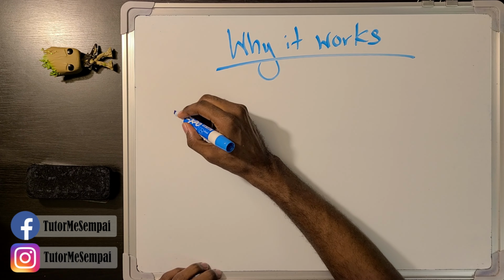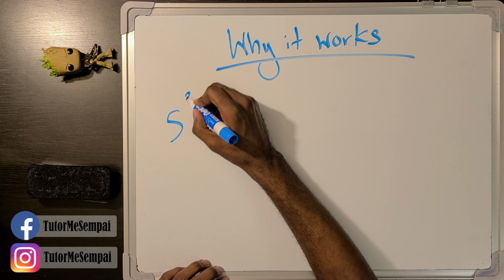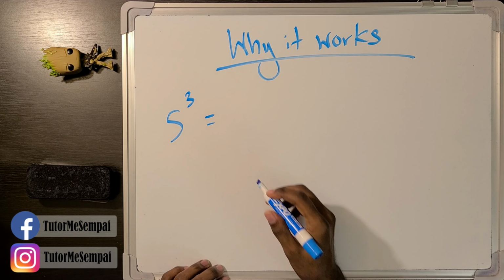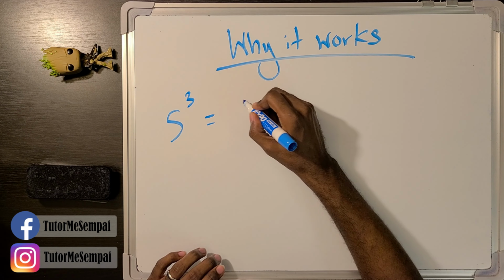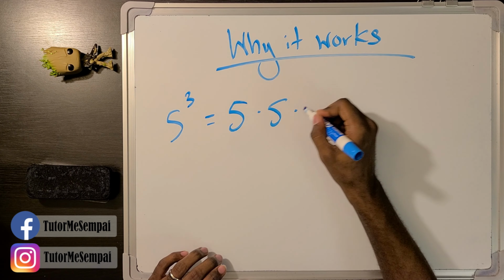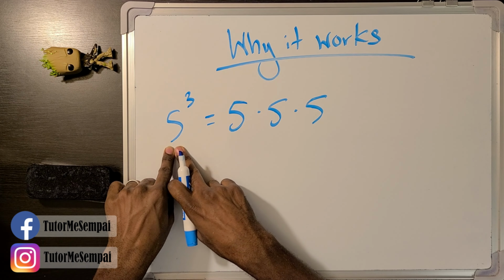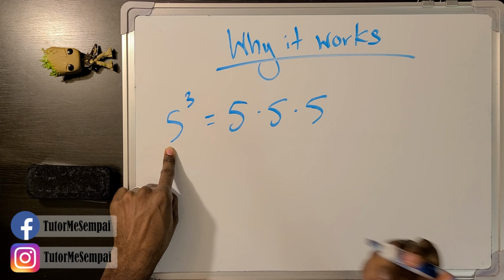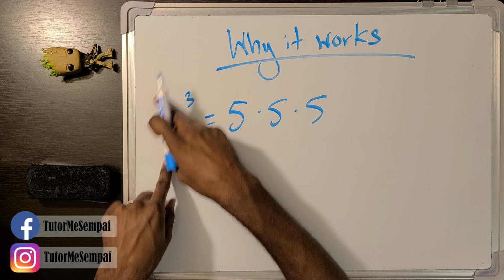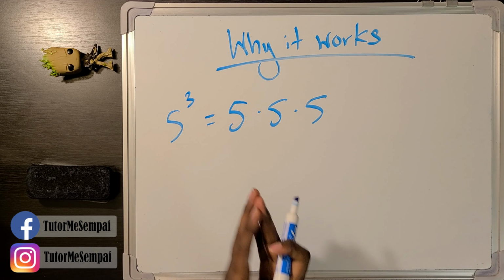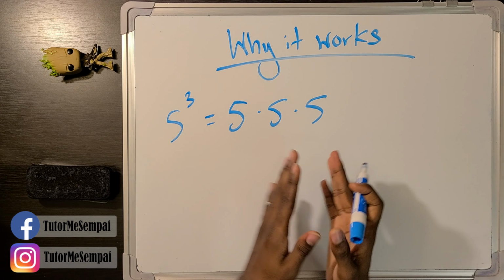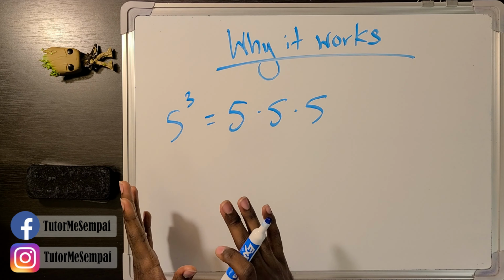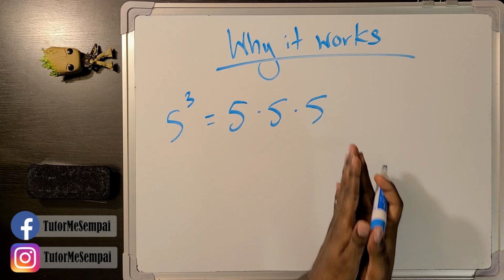So let's say you have 5 cubed, right? This is just a shorthand for 5 times 5 times 5. You're going to have the base, and it's going to be multiplied the exponent many times. So exponents are a shorthand for multiplication.